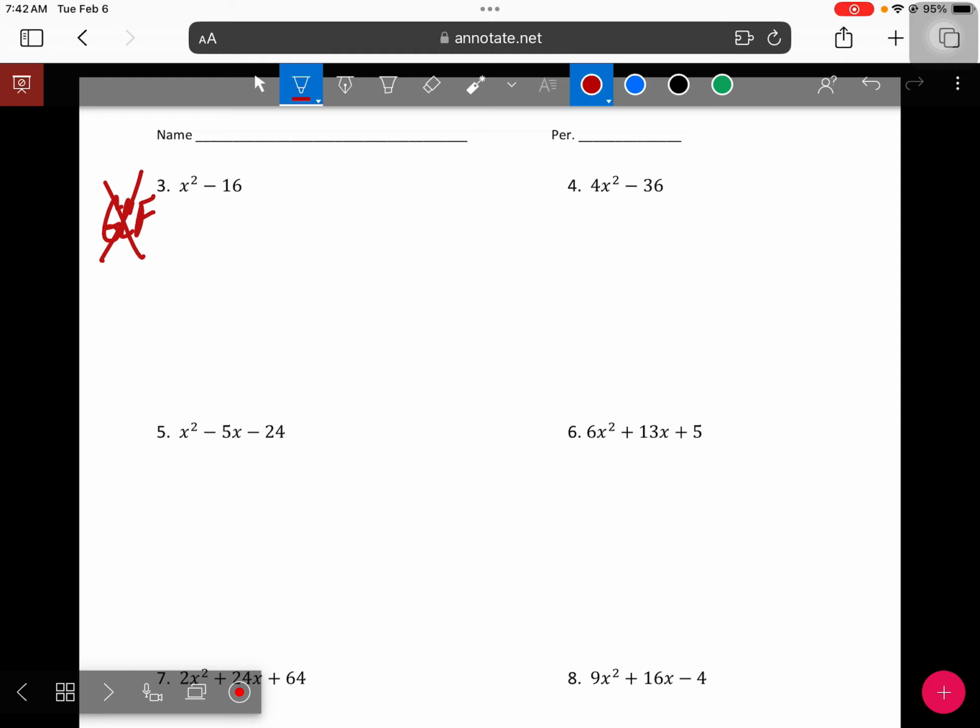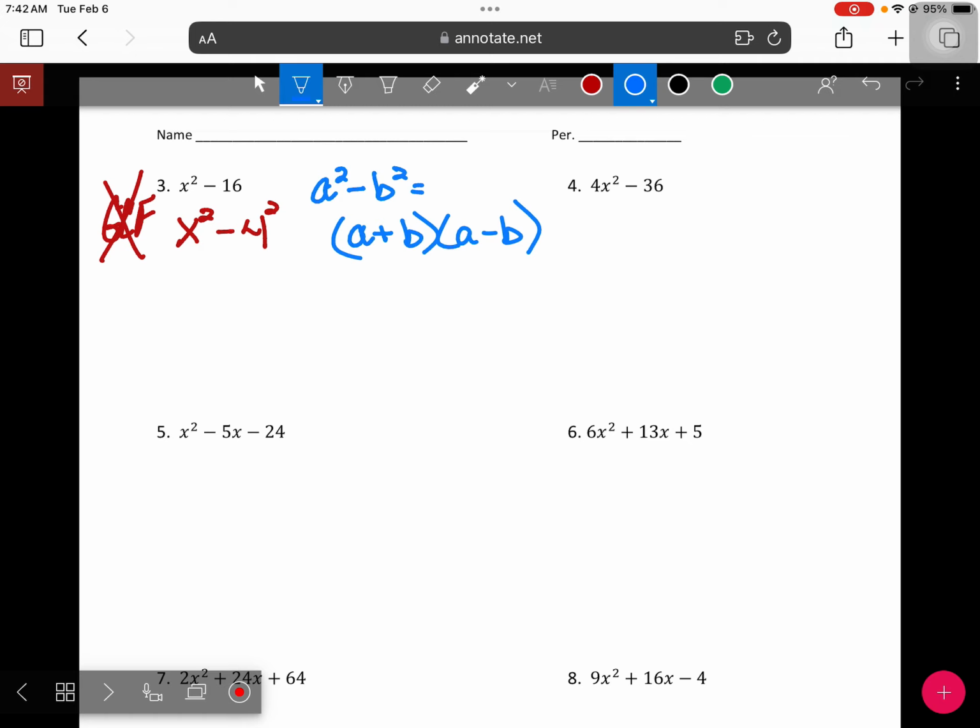What is this called again, Anthony? You told us before. Difference of 2 squares. So I need to rewrite these as 2 squares, which is x squared minus 4 squared. And when you have the difference of 2 squares, you might not remember: if you have a squared minus b squared, that is equal to a plus b times a minus b.